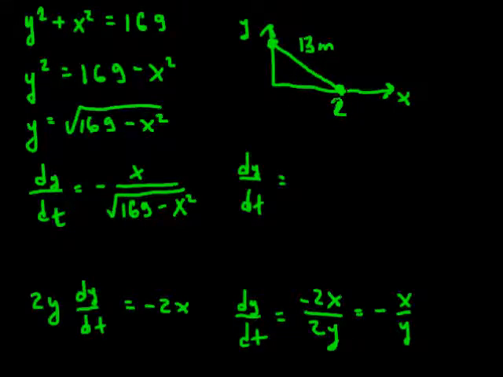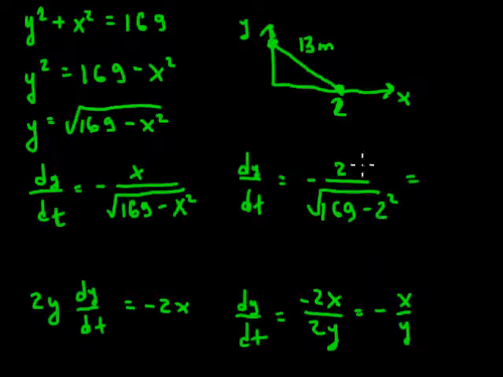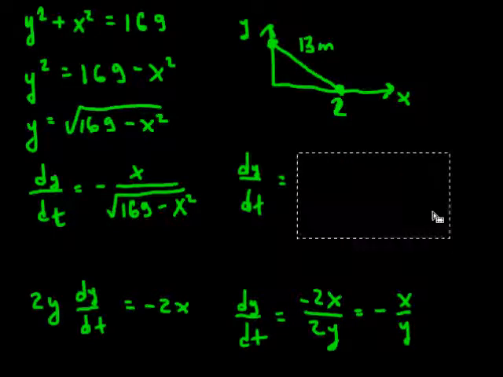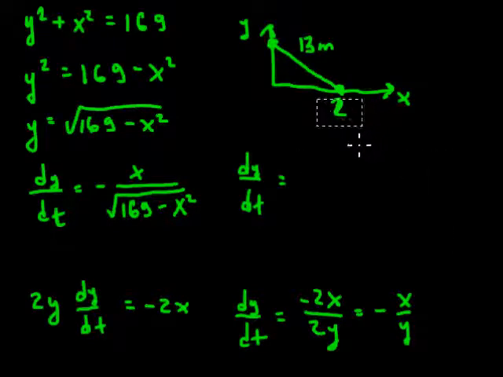So you take this 2 and plug it in here, 169 minus 2 squared, and if you calculate this, you can calculate the exact speed of this point sliding down when this point is 2 meters away from the wall. And let's just check one more point. You can plug in all those points. You can plug in 3, 4, 5, 6, 7, 8, 9, and so on.